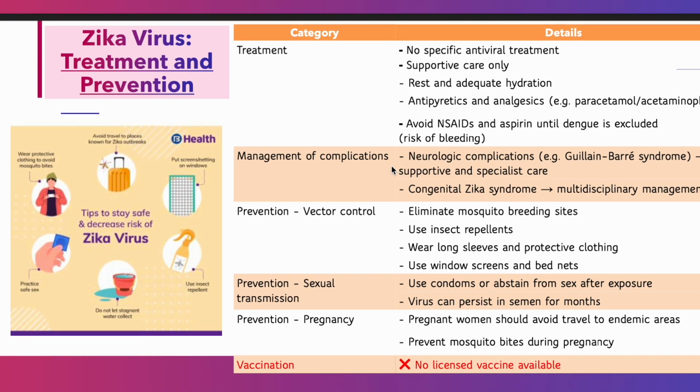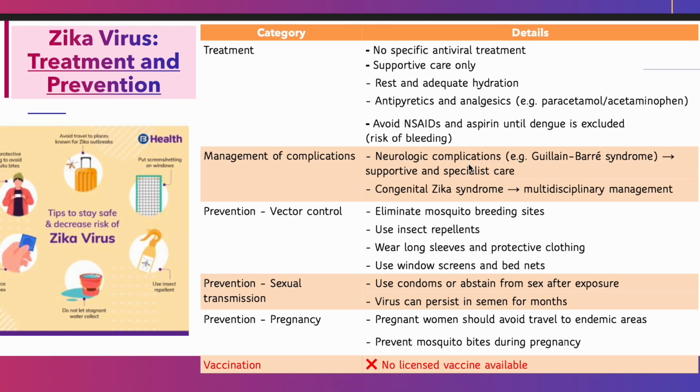For management of complications like Guillain-Barré syndrome that cause neurologic complications, you can just talk to specialists and support the patients. For congenital Zika syndrome, it has to be multidisciplinary management.